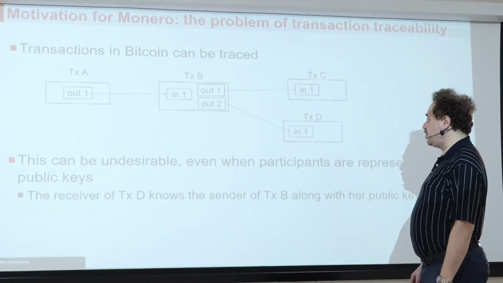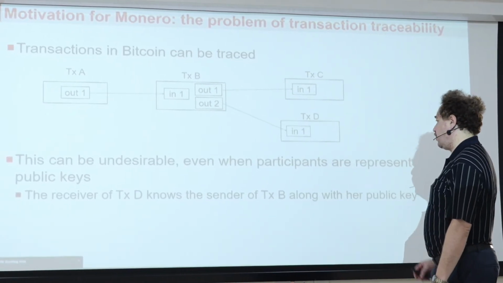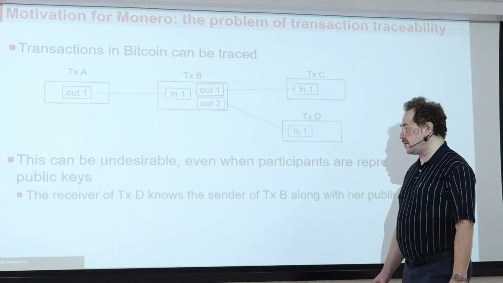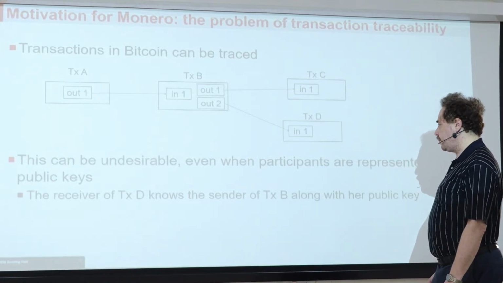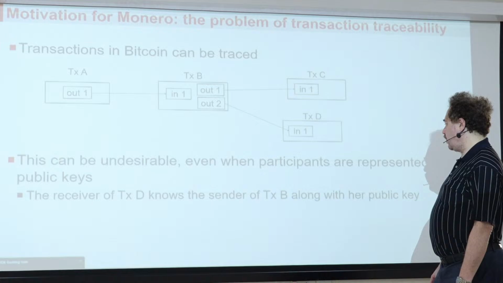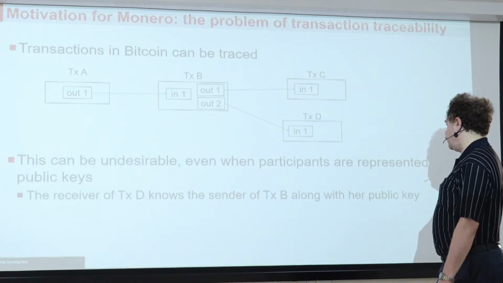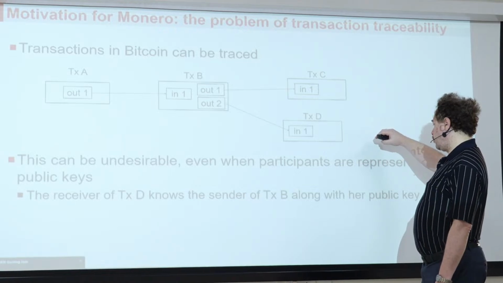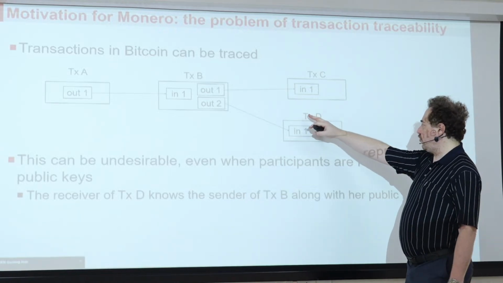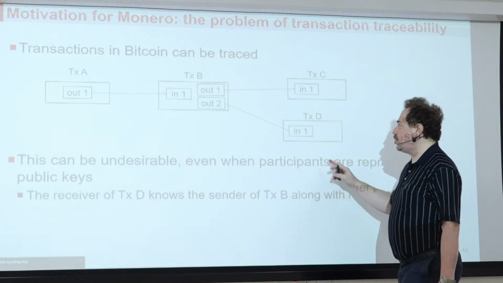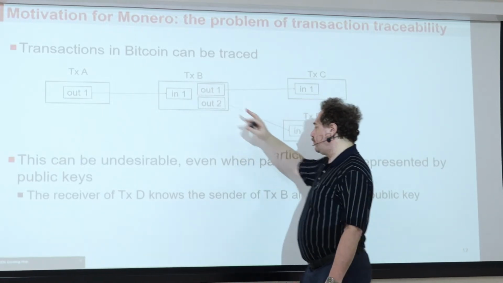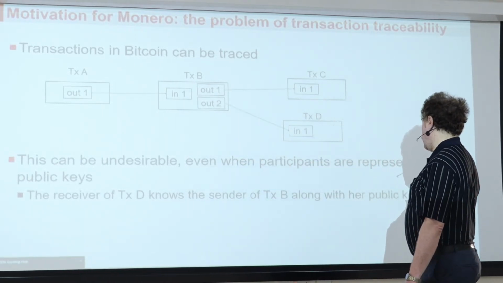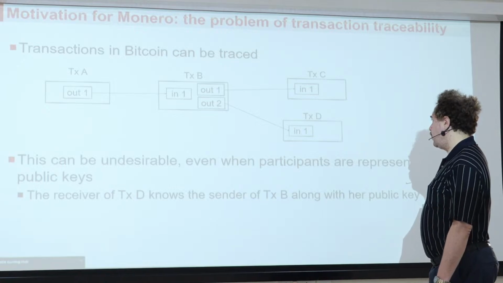And this graph is undesirable even when participants are represented by public keys and not by real identities. Because, for example, the receiver of the transaction would usually know the sender of the transaction along with her public key.